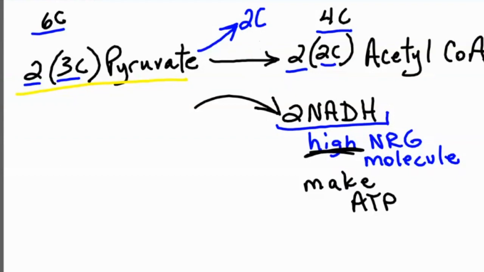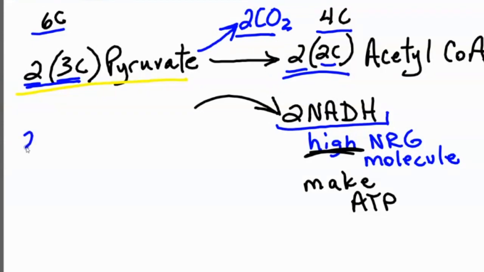Those 2 carbons that got removed, the way that we get rid of carbon out of the body is we attach it to oxygen and we turn it into a gas. And then we put it in our blood and we breathe it out. That respiratory system, right? When we breathe in, we're hoping to get oxygen. When we breathe out, we're hoping to get rid of CO2. So the cool thing is, whenever we change the carbon count, we make CO2 or carbon dioxide.